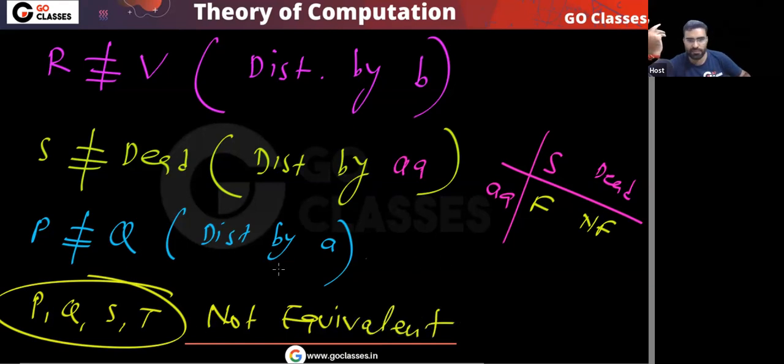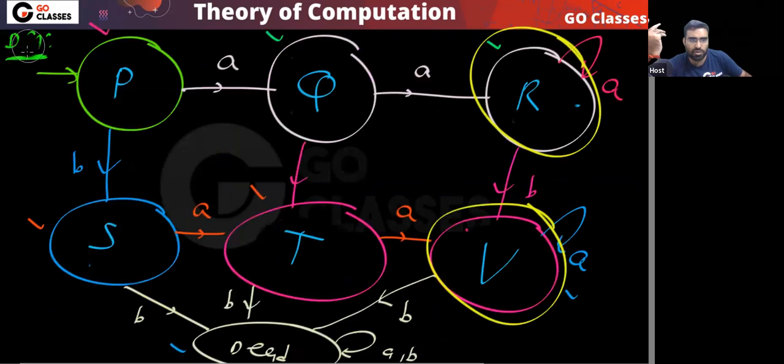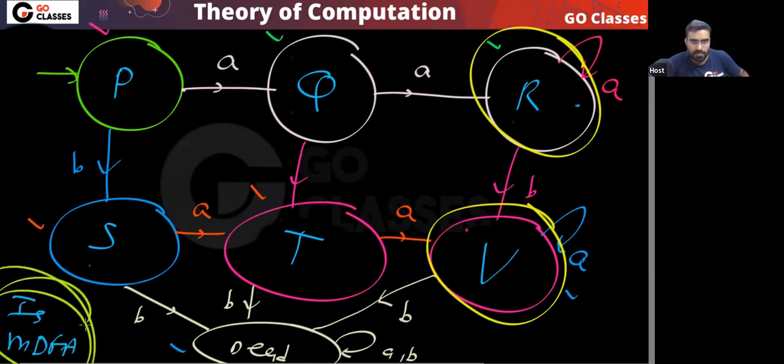So this will be the minimal DFA. Remember, this DFA we have created is the minimal DFA. Is this point clear?